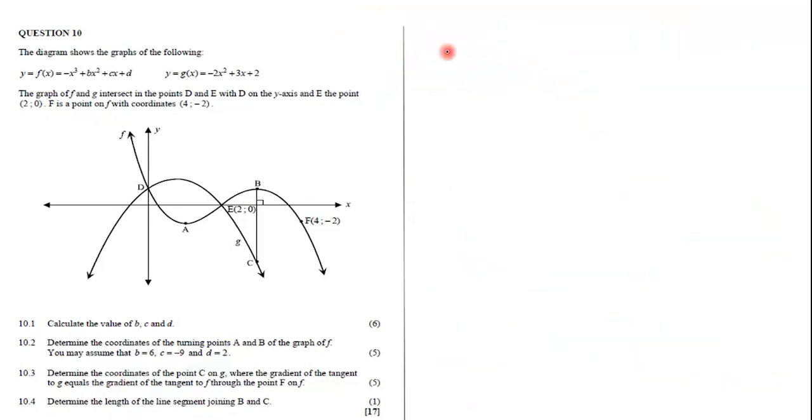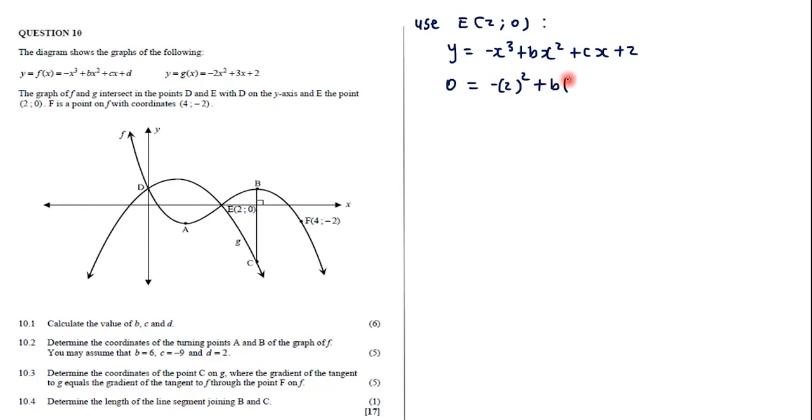Now I'm going to go into my equation 2. To get my second equation, I'll use the other point, which is the value for e. Remember the equation is still -x cubed plus bx squared plus cx plus 2. So now I'm substituting 0 equals -2 cubed plus b into 2 squared plus c into 2 plus 2.